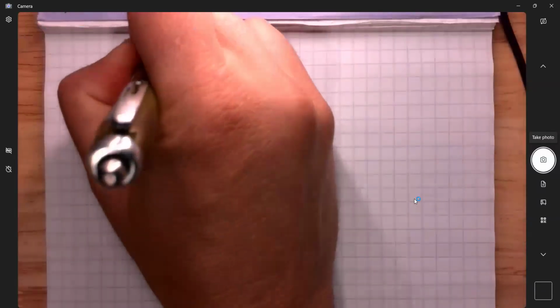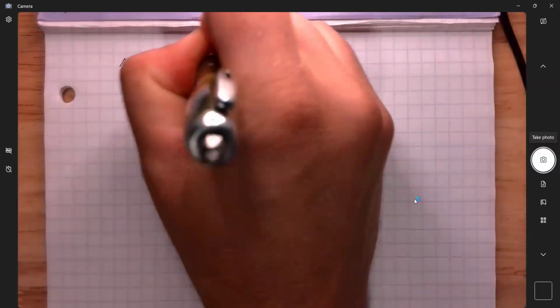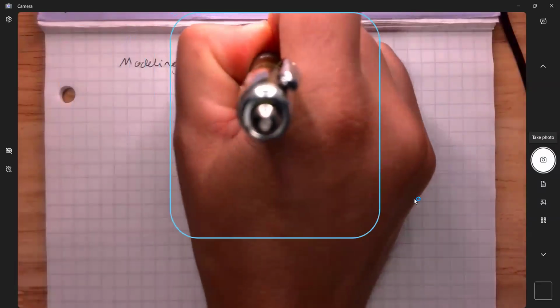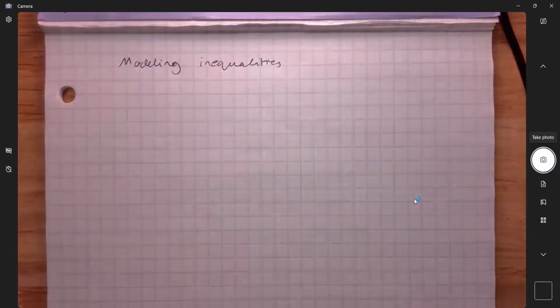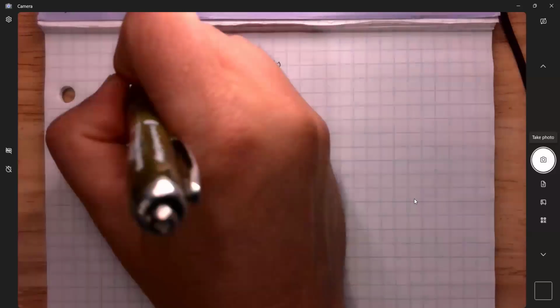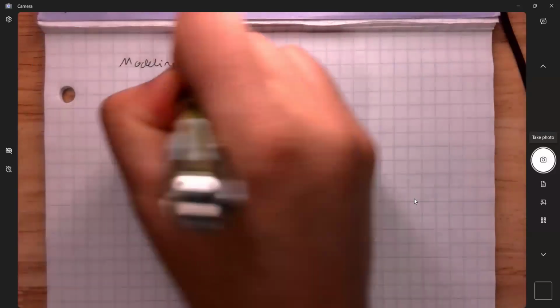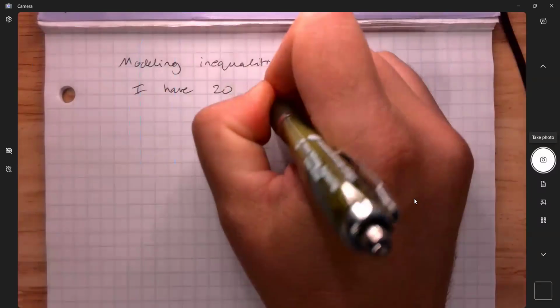Another way to think about this, and it's the second part of 1.8, is modeling inequalities. So let's think about this same question. I have 20 apples.